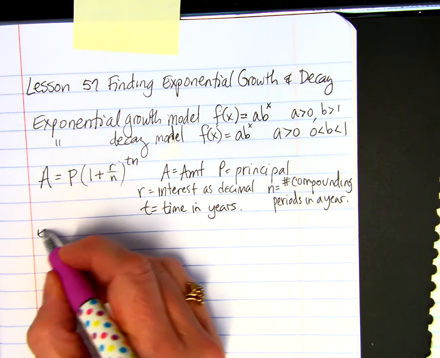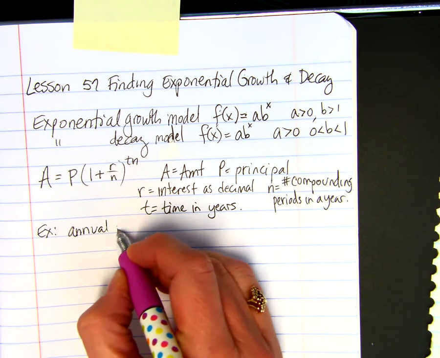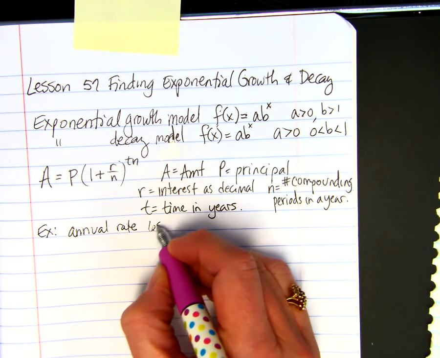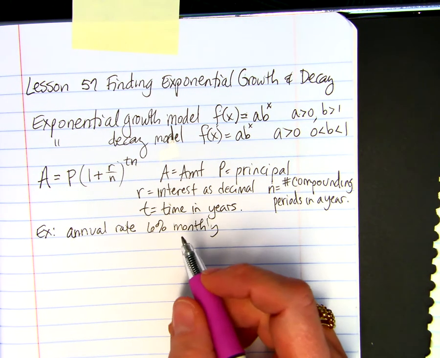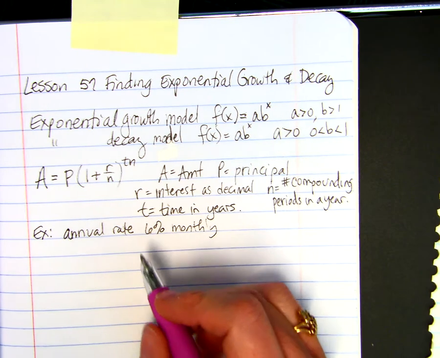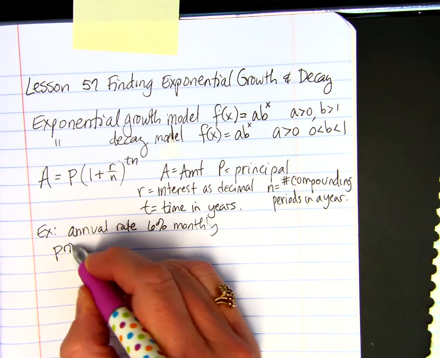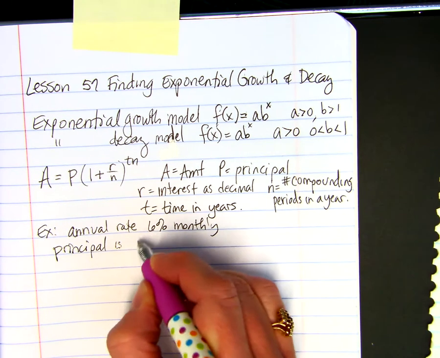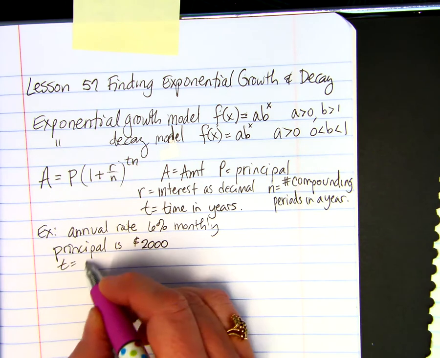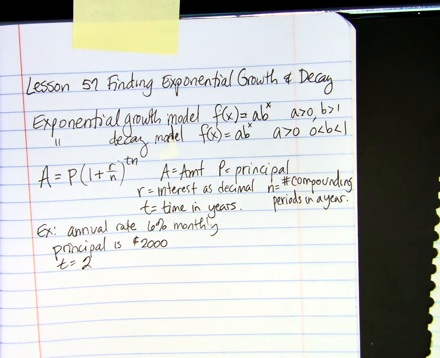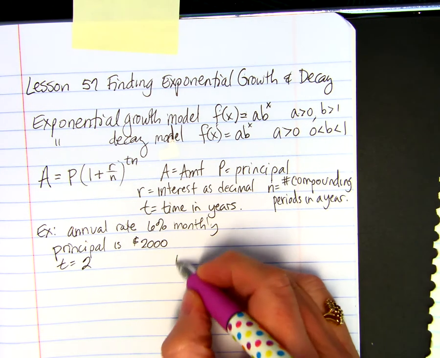So we're going to do an example here. We're investing money. The annual rate is 6%, compounded monthly. The principal is $2,000. And we want to know, after 2 years, what will be the amount in the account. So we just plug all this into our formula.